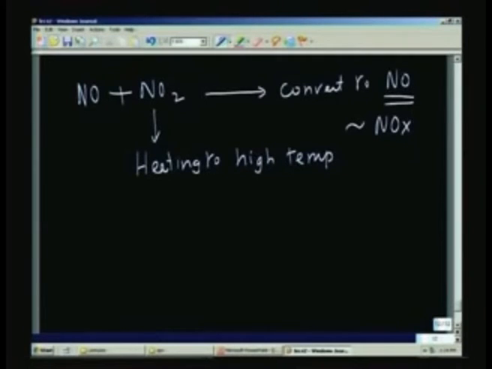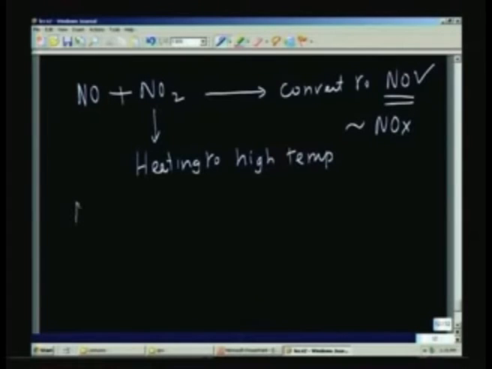Therefore, essentially if I perform a chemical reaction by just heating, I will get nitric oxide. So, in the first step I take the mixture of NO and NO2 and convert it to nitric oxide. Now I am going to find a method of measuring NO, and that is done the following way.